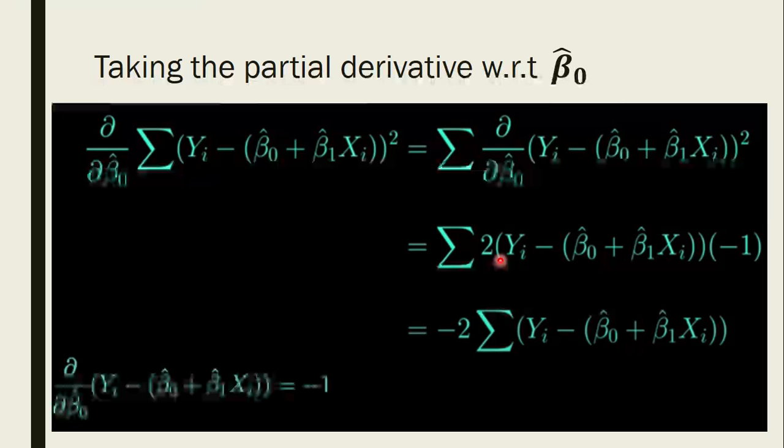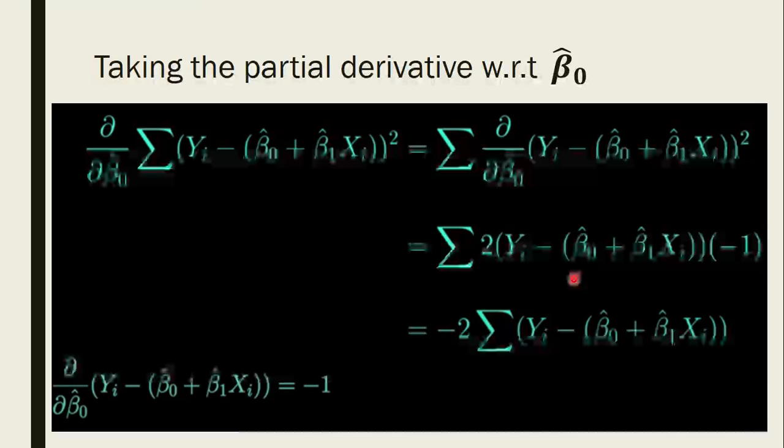Inside the brackets, as it relates to the derivative, the yi and beta 1 hat xi terms do not involve beta naught hat, so those go to 0, and we're left with the derivative of minus beta naught hat, which is simply minus 1, so we multiply by minus 1.